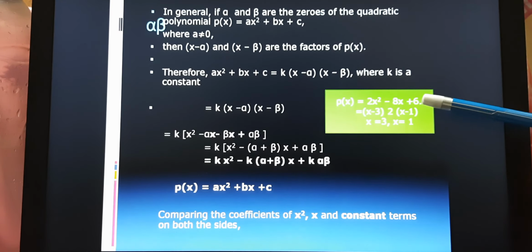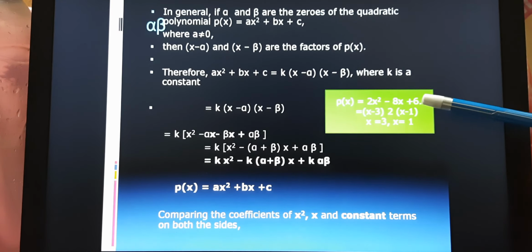We know very well these two are factors of this polynomial, and here we have to make a generalization that if x is equal to 3 and x is equal to 1 are zeros of the polynomial, we can write that x minus 3, x minus 1 are factors of the polynomial.